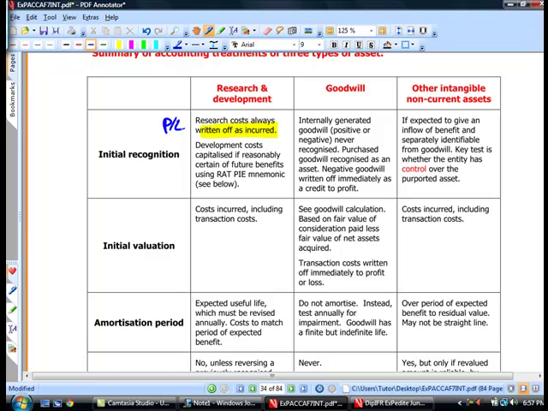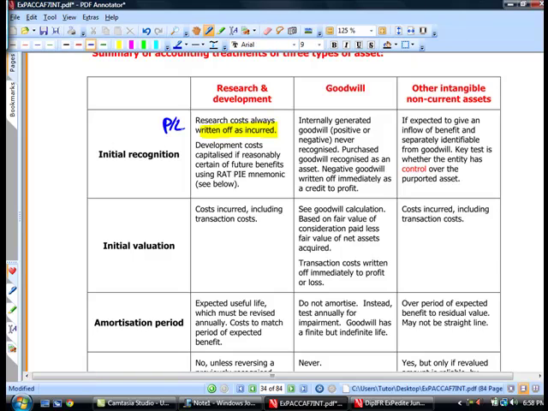When we actually move into the development phase, then this cost can be capitalized if we are certain that we will enjoy future economic benefits. How can we be certain? The standard says the following: we have the ability to complete the project, the project is technically feasible, we have enough resources to complete the project, we will enjoy future economic benefits, we have the intention to complete it, and the expenditure on the project can be separately recorded.